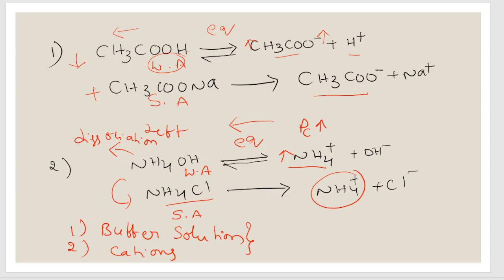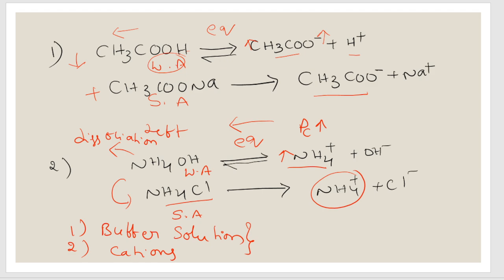Now listen carefully. Suppose we consider a salt. If it dissolves in water, the cation will be there and the anion will be there. If either the cation or anion or both react with water, what will happen?